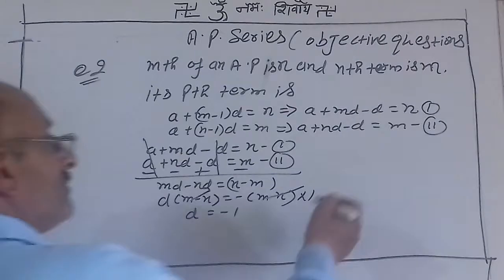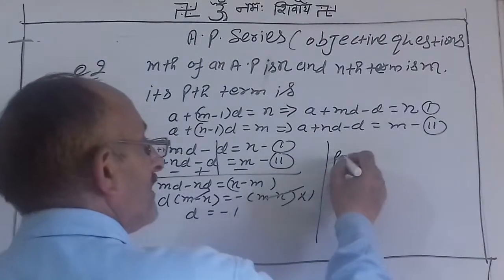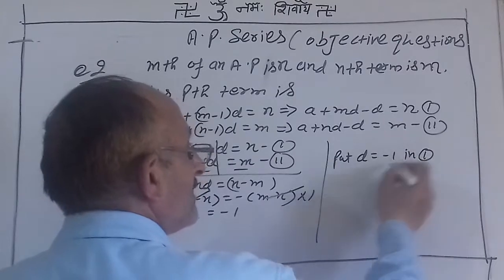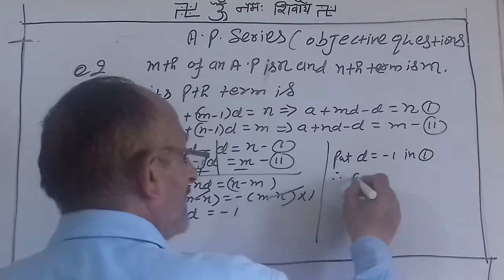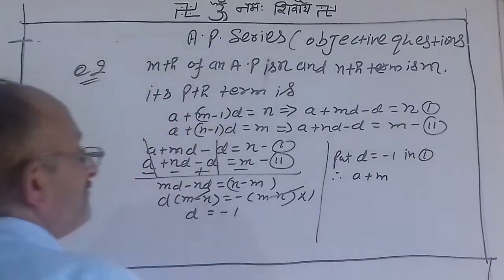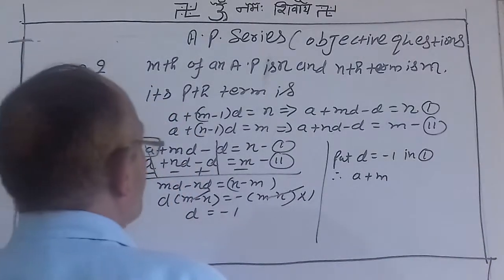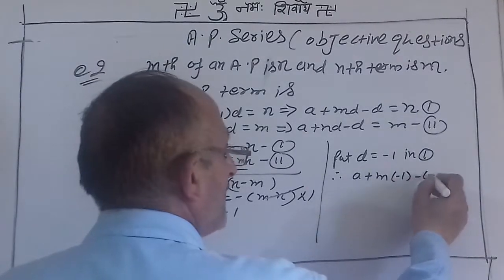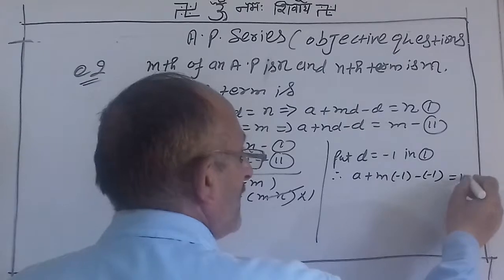Put d is equal to minus 1 in 1. Therefore, a plus m into minus 1, minus 1, is equal to n.